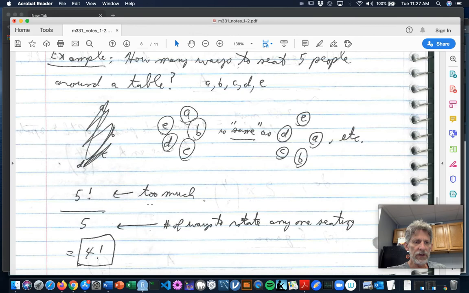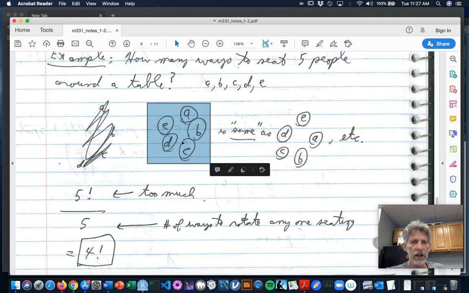So how can we do this? We could start off by saying, hey, we've got to put 5 people into the 5 chairs. This might be one way. But that's too big an answer. It counts the different rotations as different, and we need to count them as the same.